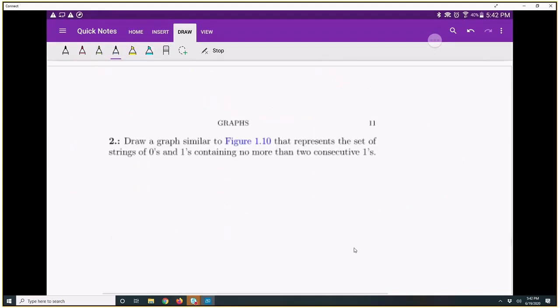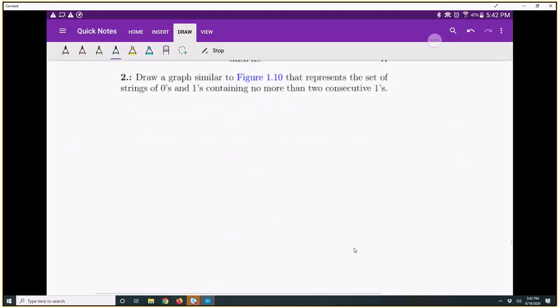Okay, the next question. Draw a graph similar to figure 1.10 that represents the set of strings of zeros and ones containing no more than two consecutive ones. So figure 1.10 was a picture that we saw with the zeros and ones labeled on the graph.